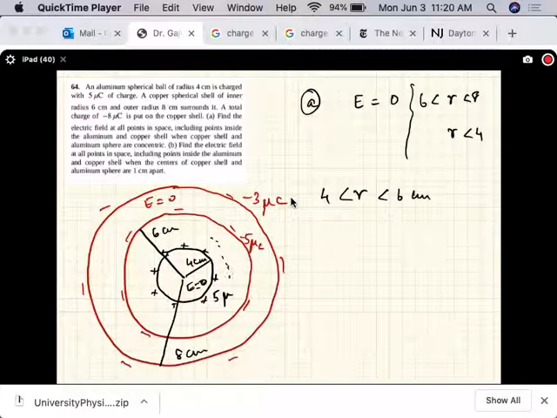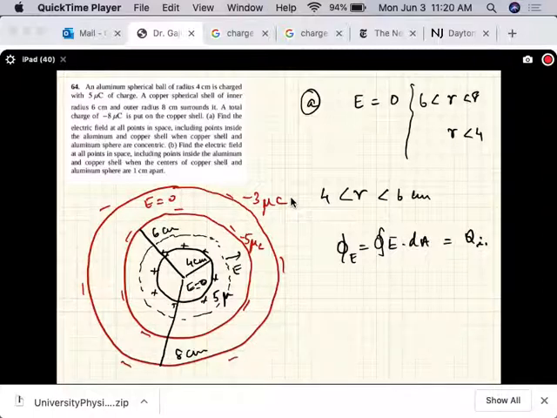Here's the Gaussian surface. The electric field will be pointing away. And so the flux is equal to charge inside divided by epsilon naught.